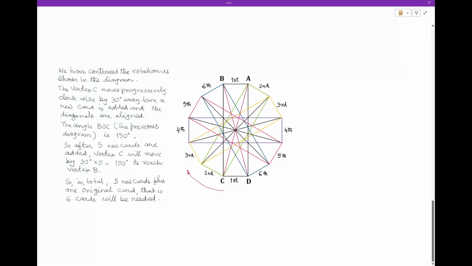Now in this diagram, we have continued rotation as before, and this is shown in the diagram. The vertex C moves progressively clockwise by 30° every time a new card is added and the diagonals are aligned. The angle BOC is 150°.